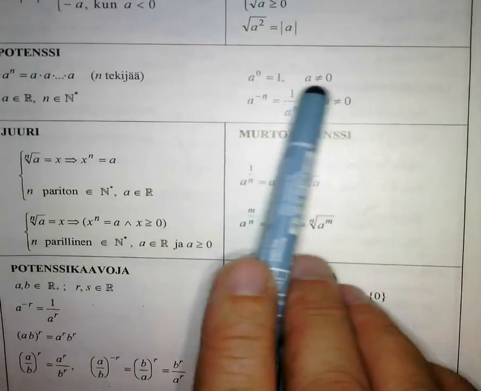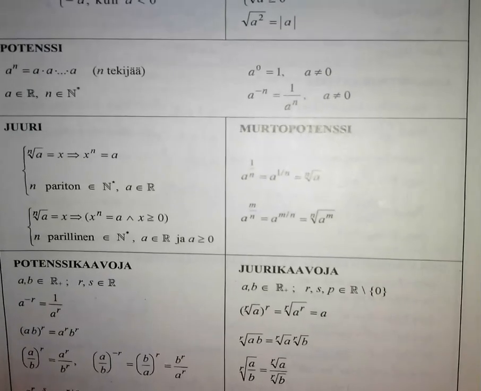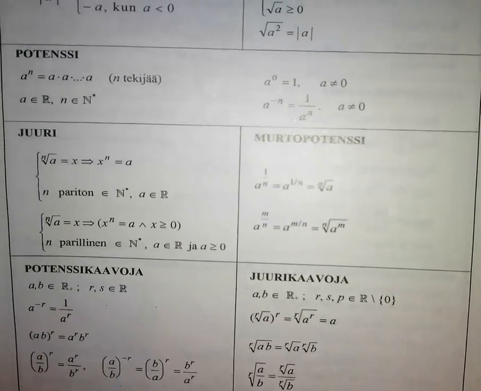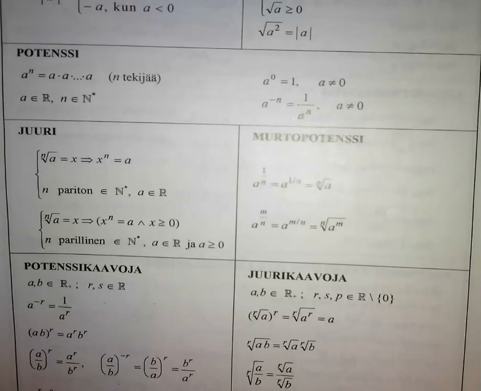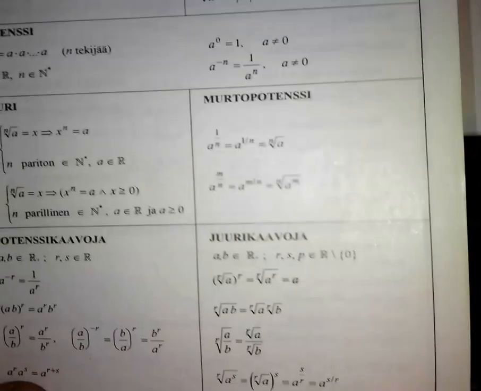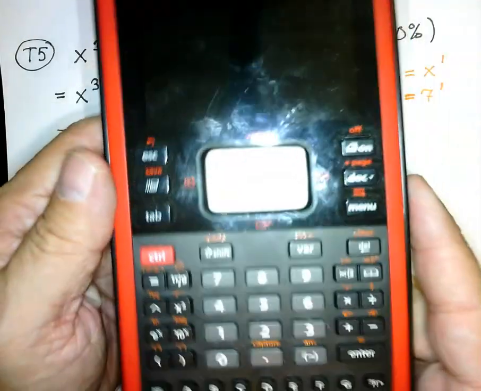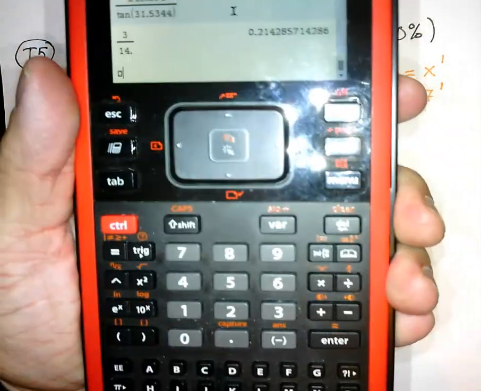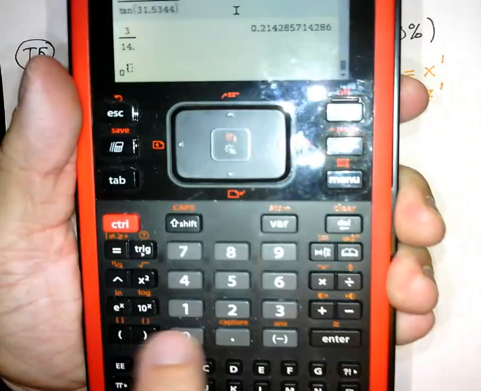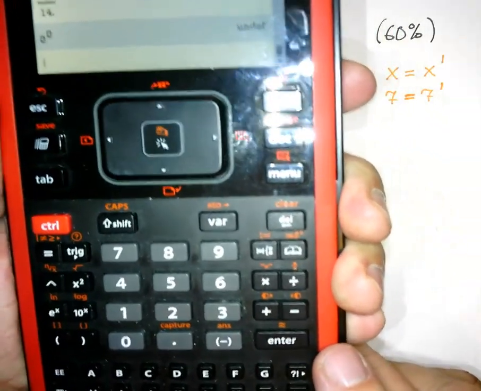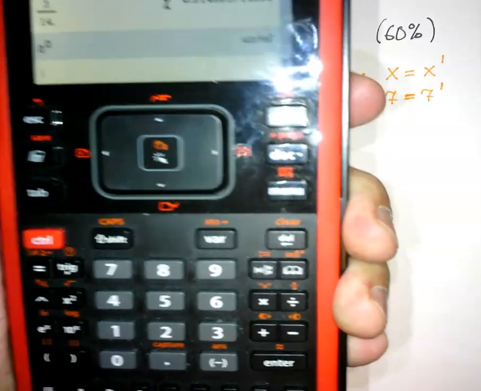Well, except the number 0. When you take 0 to the power of 0, you get nothing. I will show from my calculator that 0 to the power of 0 gives the text undefined.